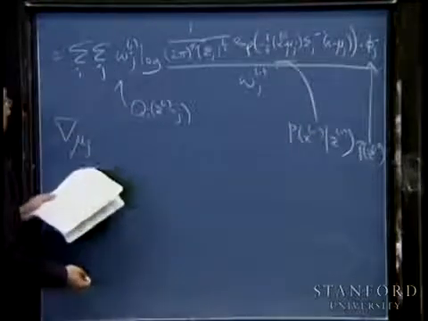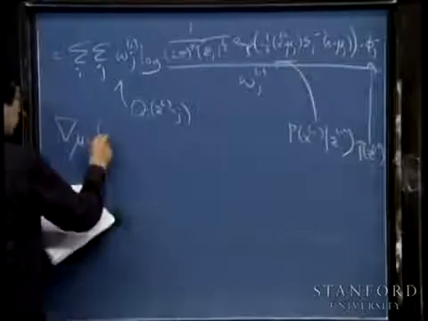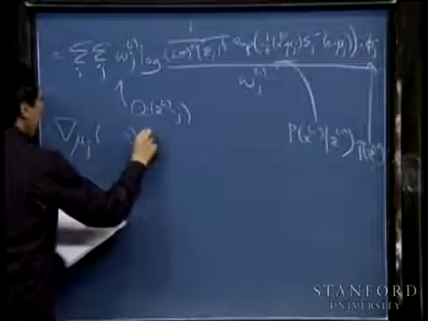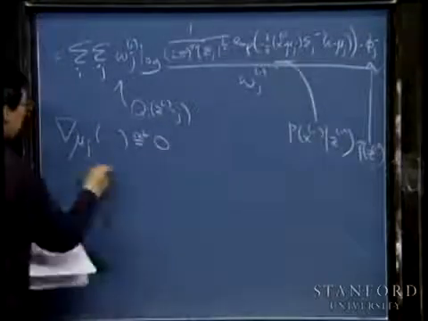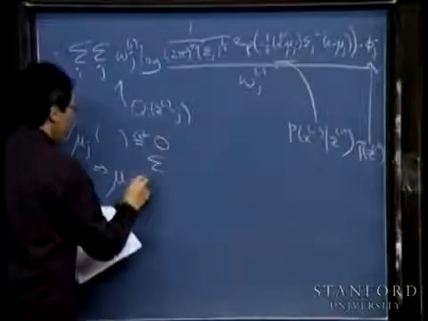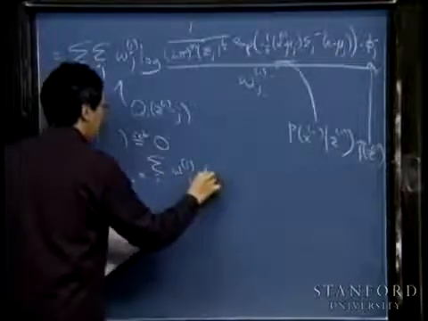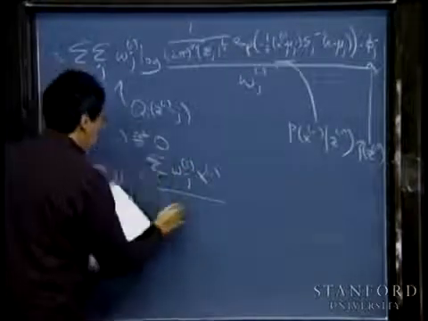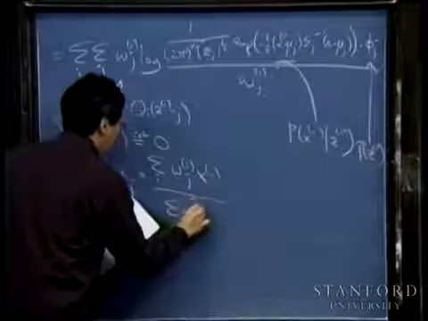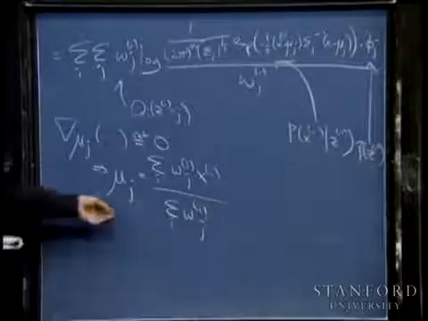To maximize with respect to the parameter mu, say, you would take the derivative with respect to mu and set that to 0. If you actually do that computation, you would get that this becomes your update to mu j.